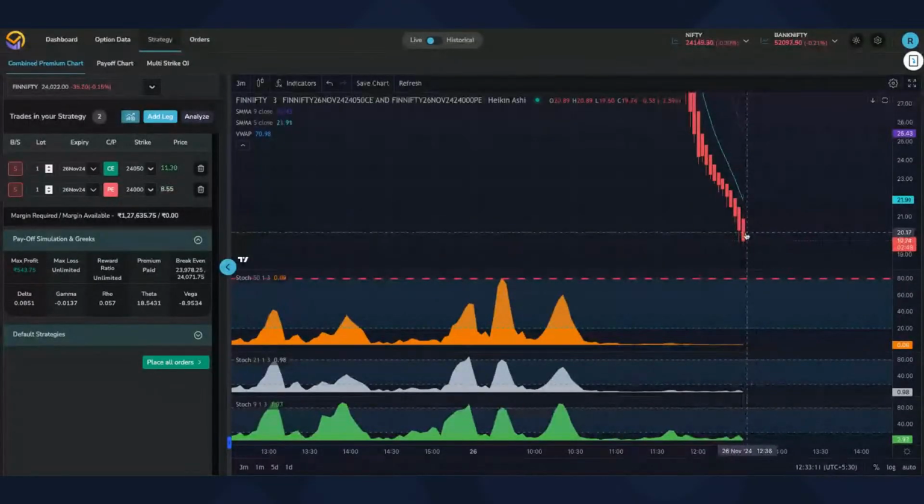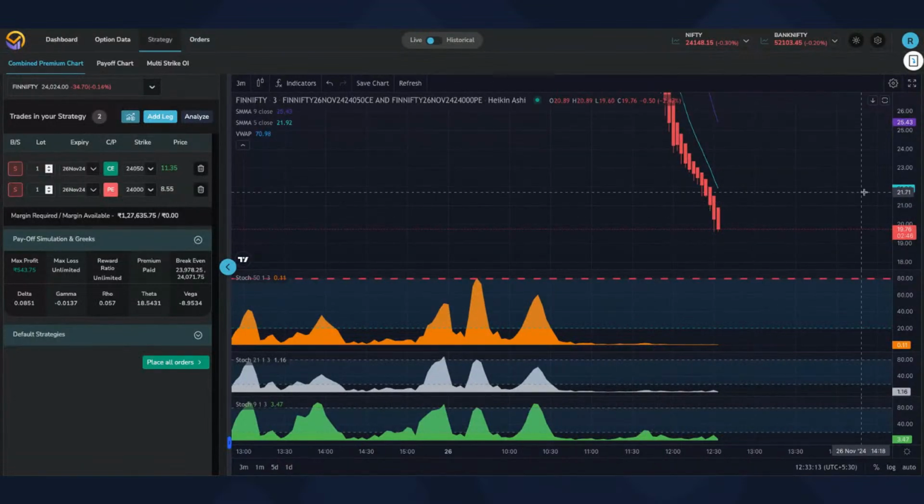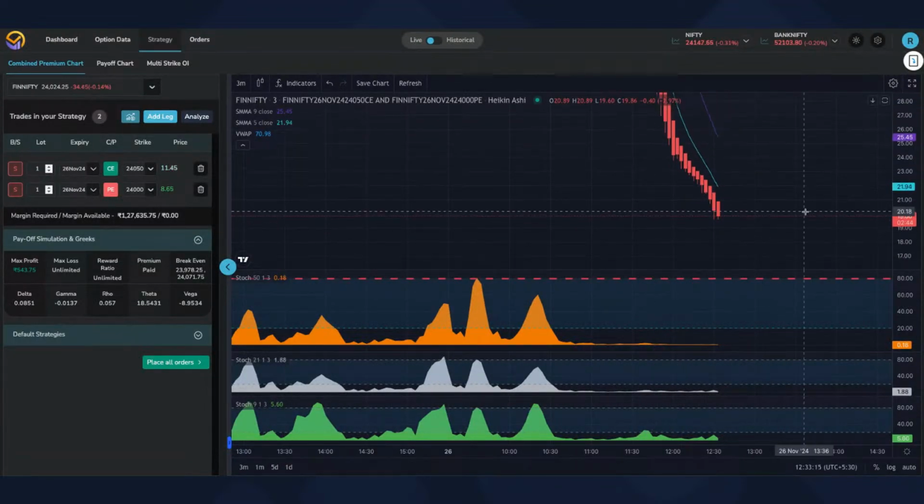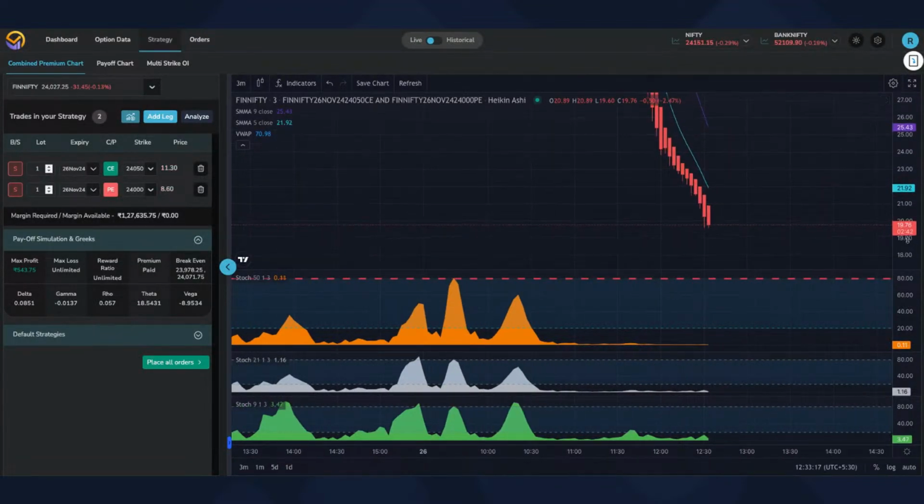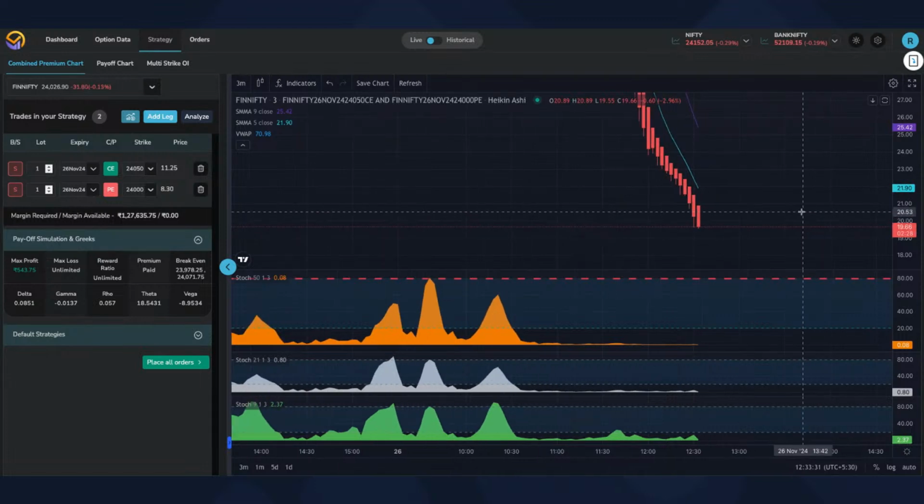If any of these candles becomes green, then I'll have to look at exiting the trade. So that's the plan for now. This is Heikin-Ashi, and let's see how it goes. I'll stay here for now.